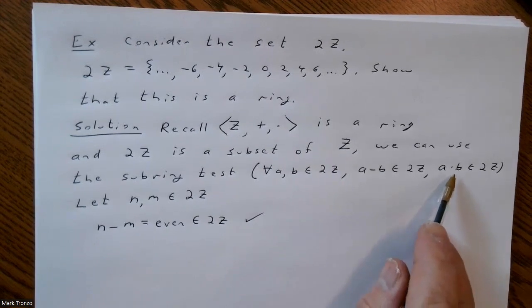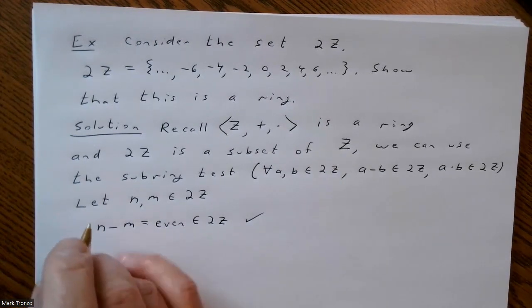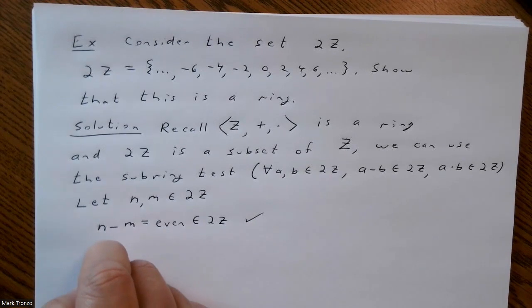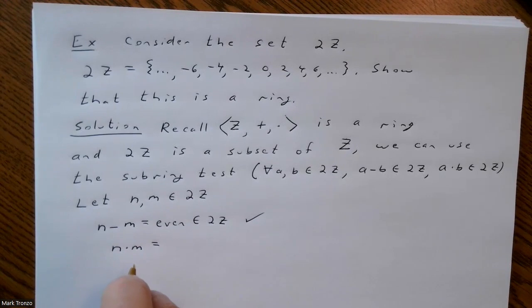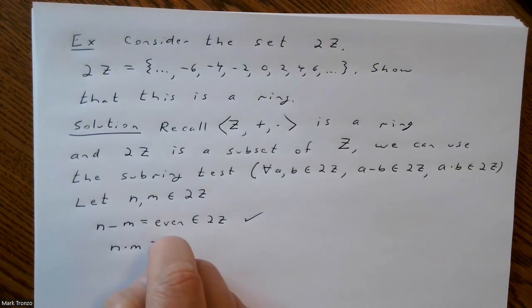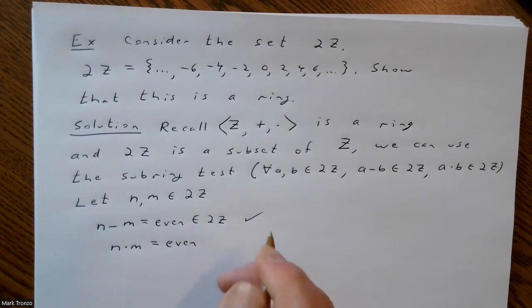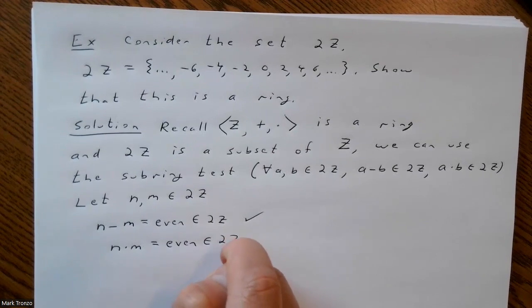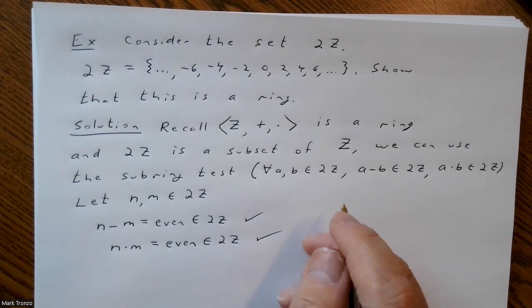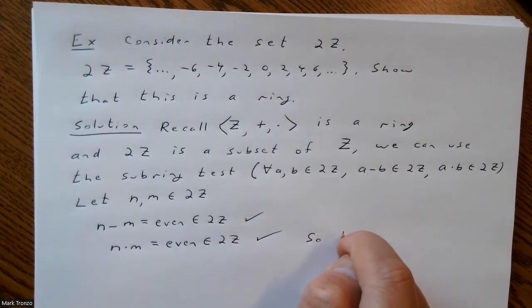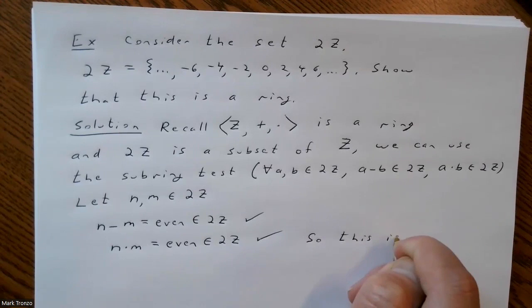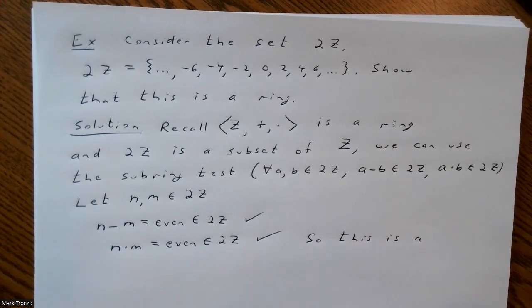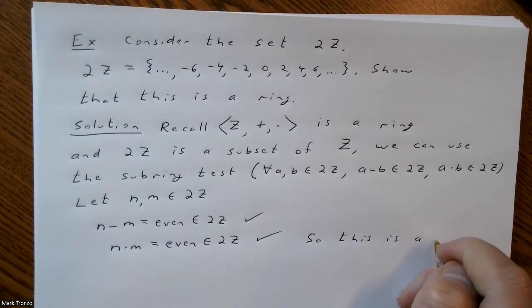The other thing we have to check is this over here. Then check N times M. If you multiply two even numbers, you get an even as well, and if it's an even number, it's going to be in this set. So this is a ring, or you can call it a subring.